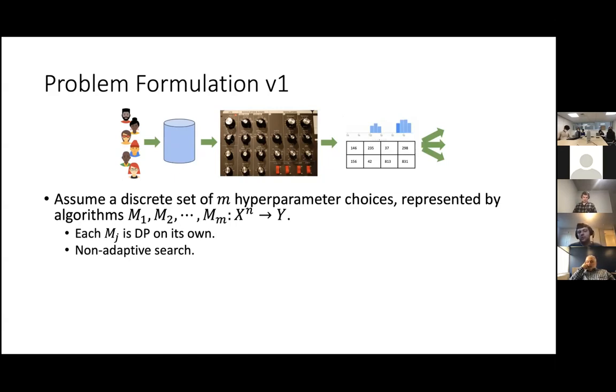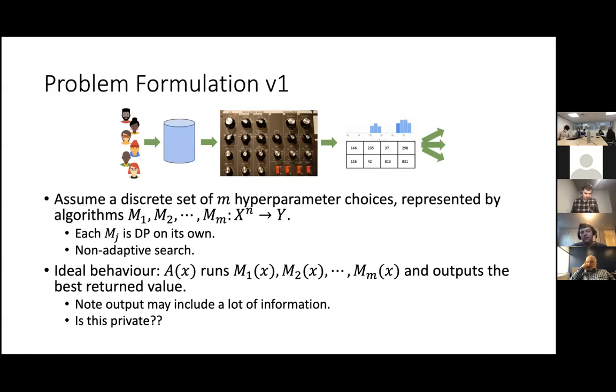Again, this corresponds to a non-adaptive search because these algorithms are pre-specified. And the ideal behavior, the one that gets us the best utility, is that our final algorithm A runs each of these and outputs the best value that is generated from those M runs.